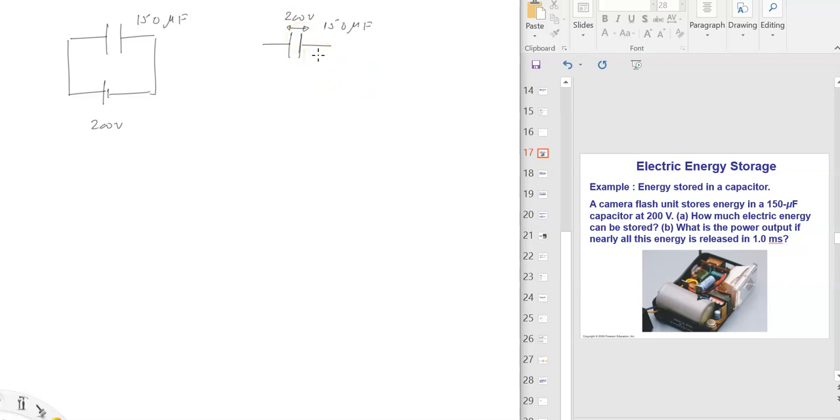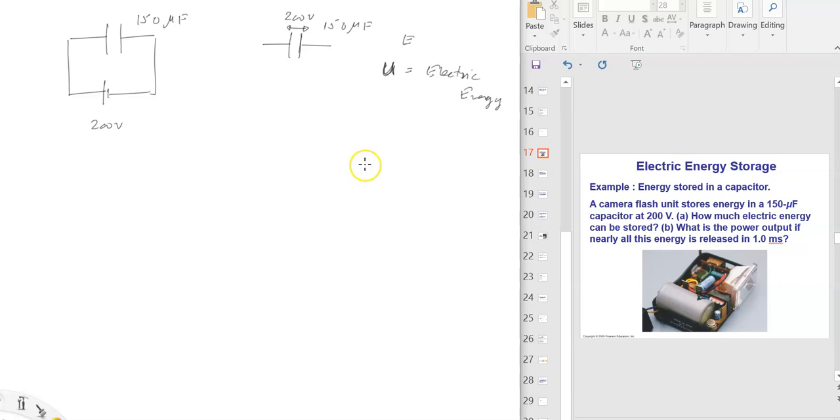How much electric energy can be stored? The question is U, electric energy. It's a standard we use. Instead of E, we also use U for energy, because sometimes E gets confused with electric, so we use the term U for that.